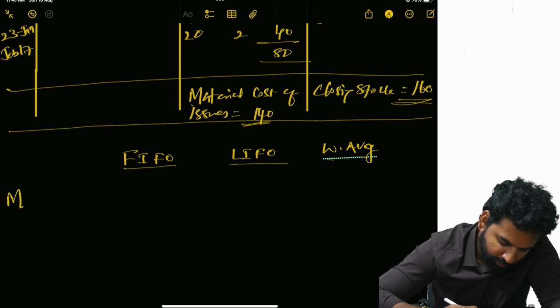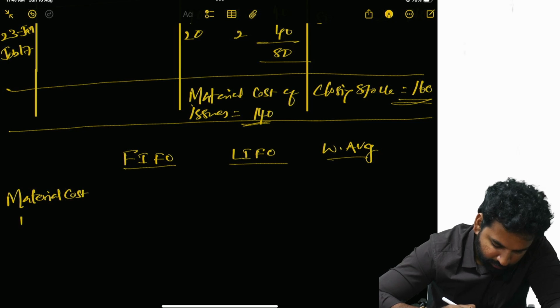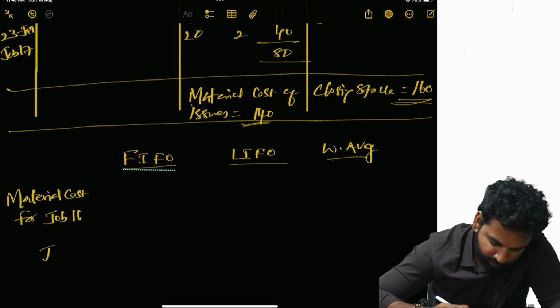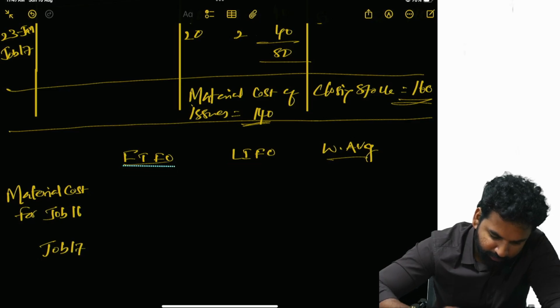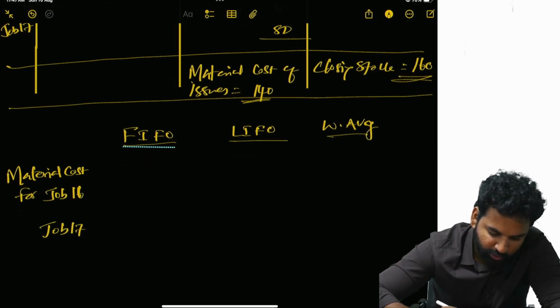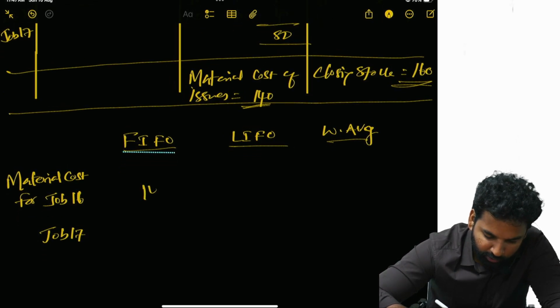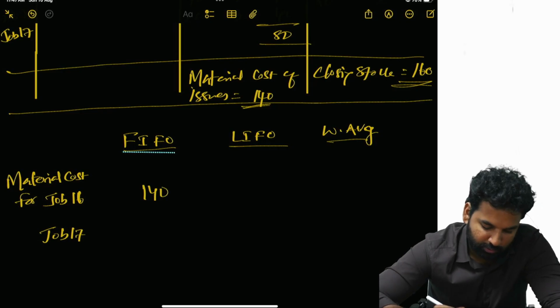Okay. Material cost for job 16, job 17. What is the material cost under FIFO for job 16? 140. Okay, right.